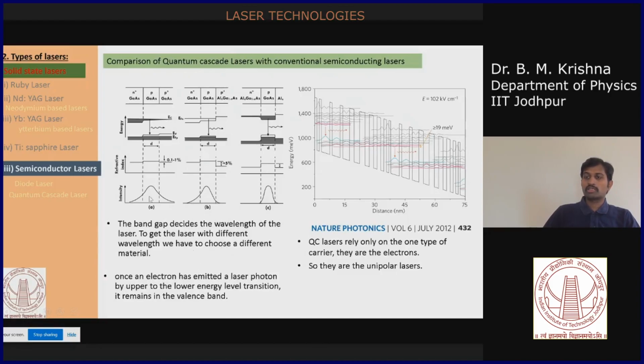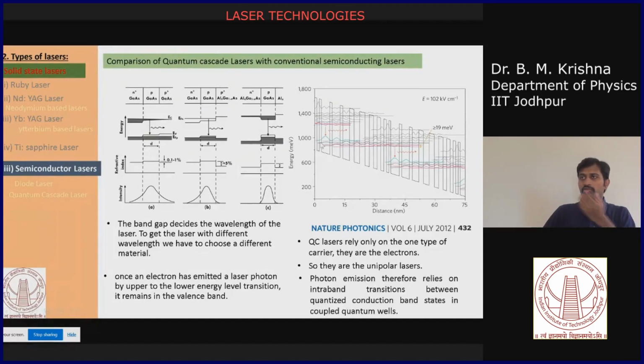Once an electron emits a laser photon by going from the upper to the lower energy level, in conventional semiconductors the electron remains in the valence band. But in this case, it always tunnels through and acquires energy as it travels through the device, because you are giving a bias condition, creating a potential difference from one end to the other. So the electron always moves, acquires energy as it propagates through a distance, reaches the required excited state, and then you have lasing action.